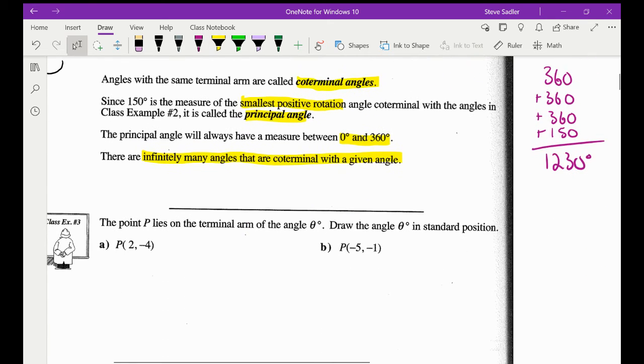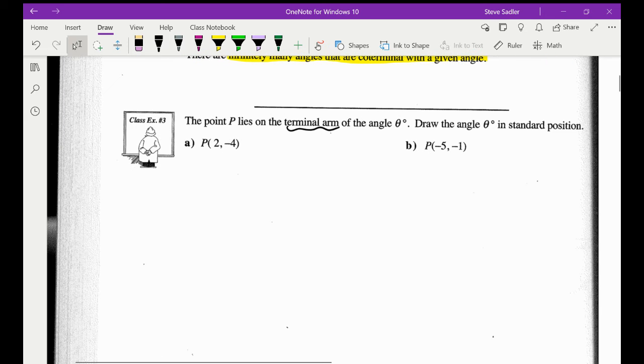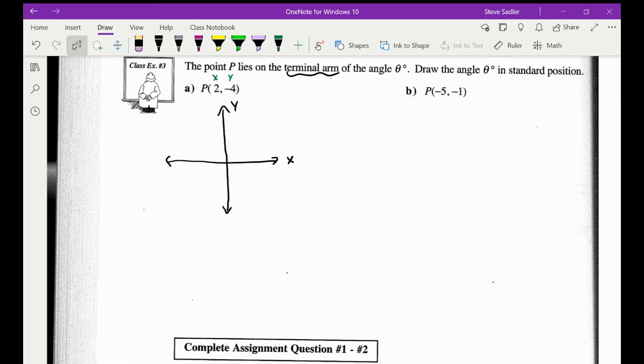All right, so it says here the point P lies on the terminal arm. So that's the ending arm, right? The final line. So the point P lies on the terminal arm of the angle theta. Draw the angle theta in standard position. Well, hang on, here we go. Let's draw our XY coordinate. We know that if this is our point (2, -4), this is our X value and our Y value. So positive 2 on my X is somewhere, it's just a sketch, right?